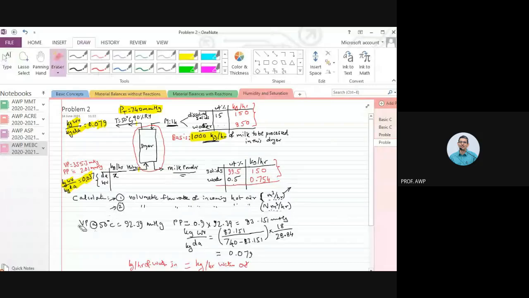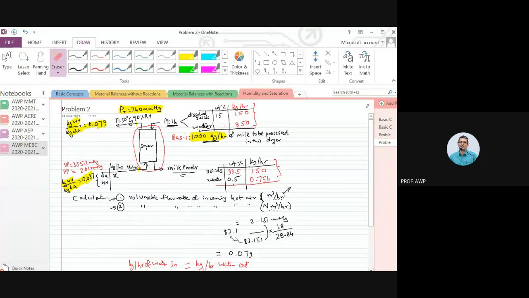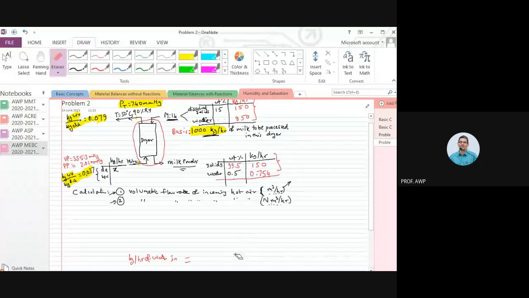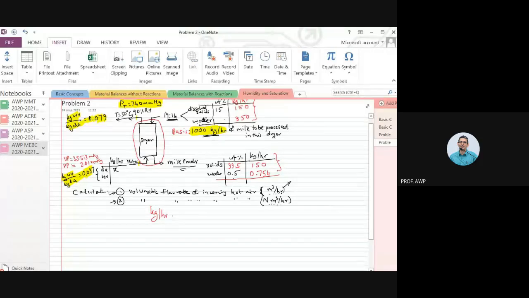Now I will rub this out so that I can write with reference to this. Material balance for water across that red control volume. Kg per hour of water in liquid or vapor form coming in must be equal to kg per hour of water going out in liquid or vapor form, both forms put together.